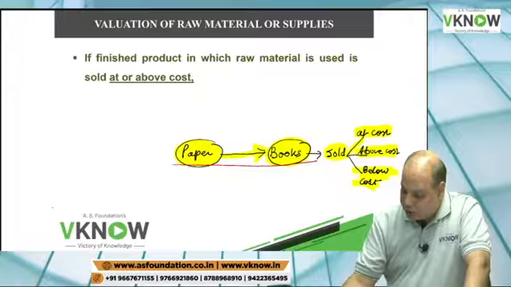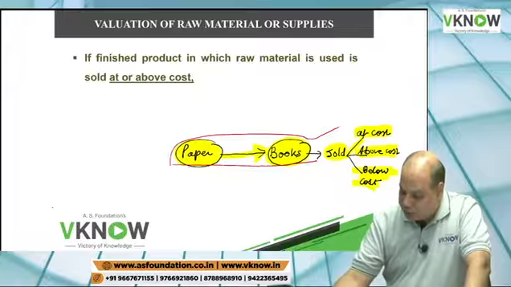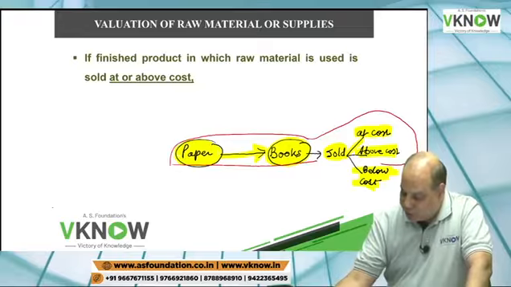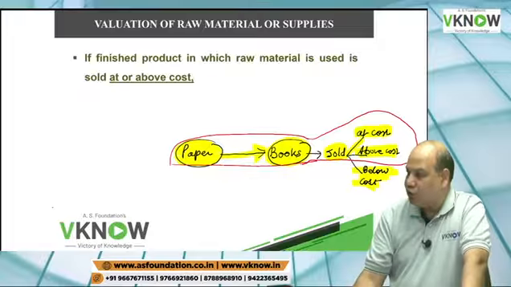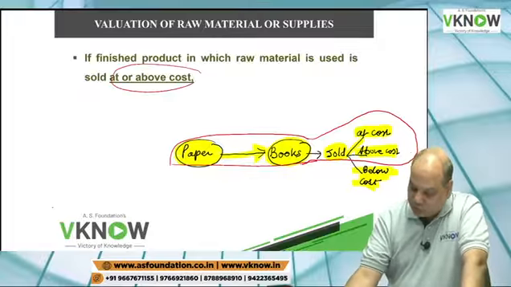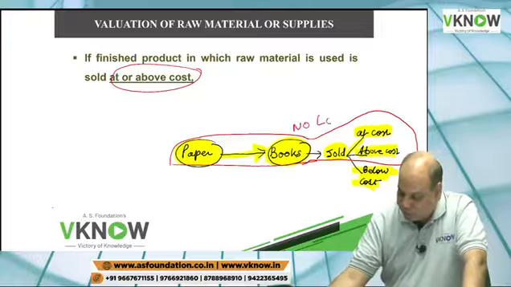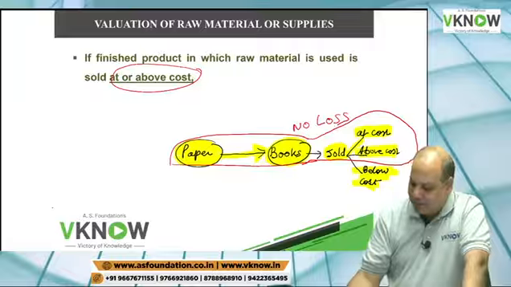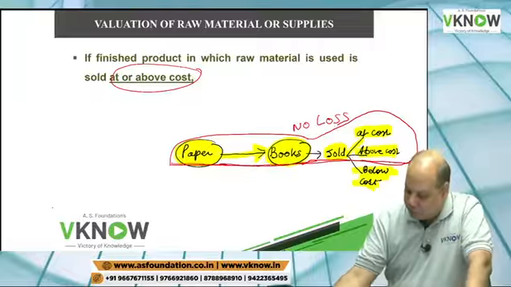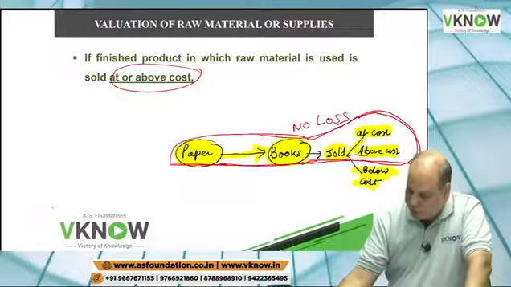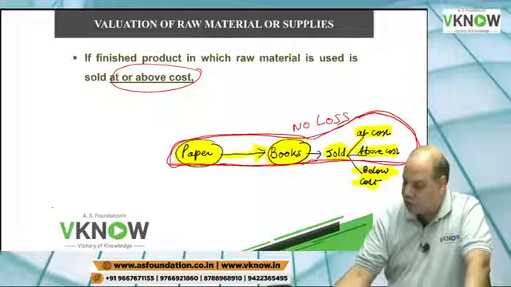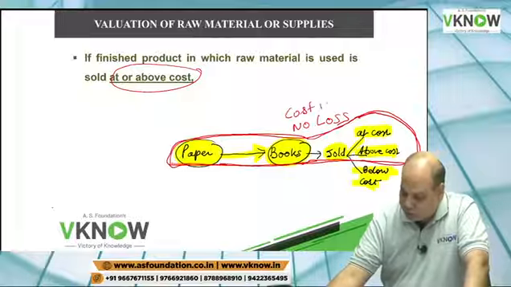If paper is going to be used for manufacturing books and the book is going to be sold at or above cost, at or above cost means no loss. No loss means the cost is recovered.